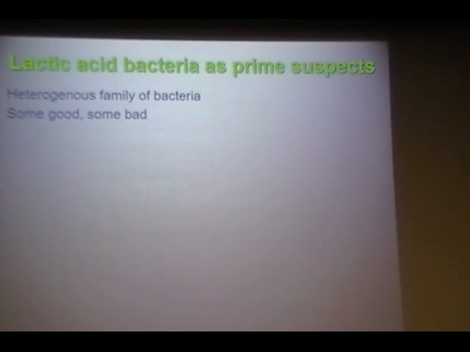Now, some are good and some are bad. I can't emphasize that more. The strep sanguinis are examples of good bacteria. The strep salivarius, which don't have a tropism to teeth but to mucosal surfaces, are seen as good bacteria. The strep mutans and strep sobrinus are bad bacteria.